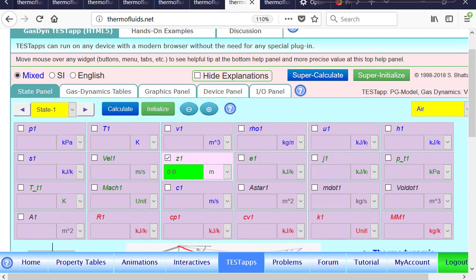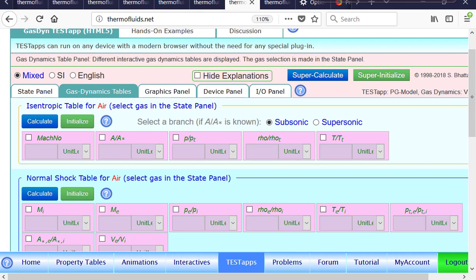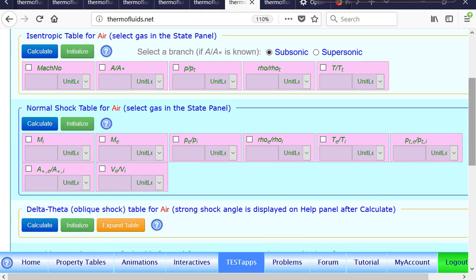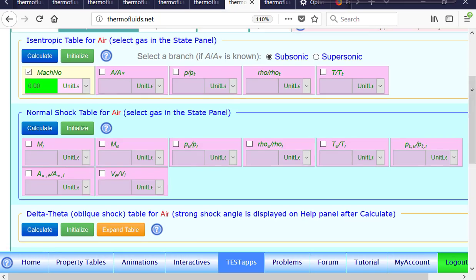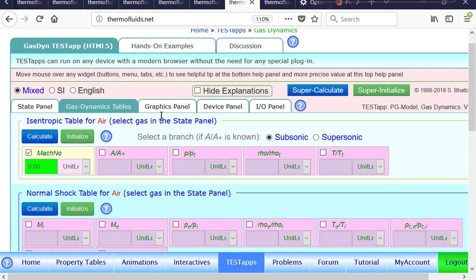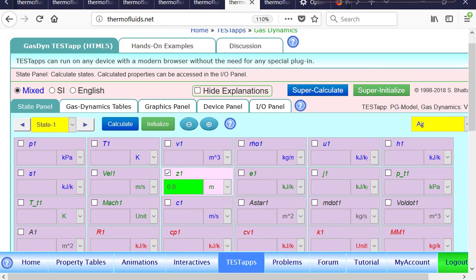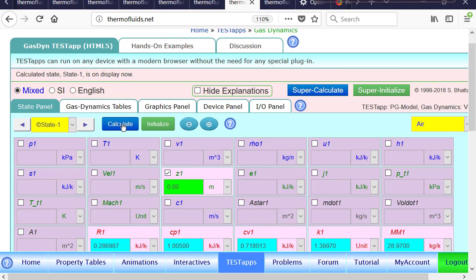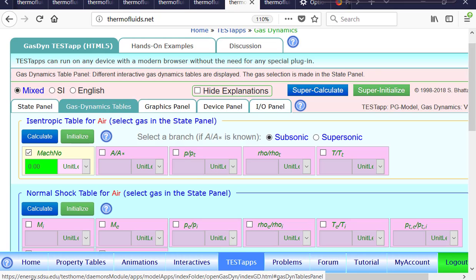Also, if you go to the gas dynamics tables panel, this is the new panel, you'll see that this is the isentropic table. Suppose a Mach number is given to you. First you have to select a gas. To select a gas, you select the gas and calculate any state. Just click the calculate button.